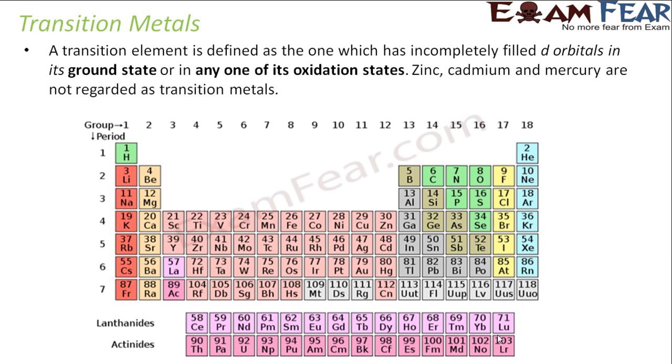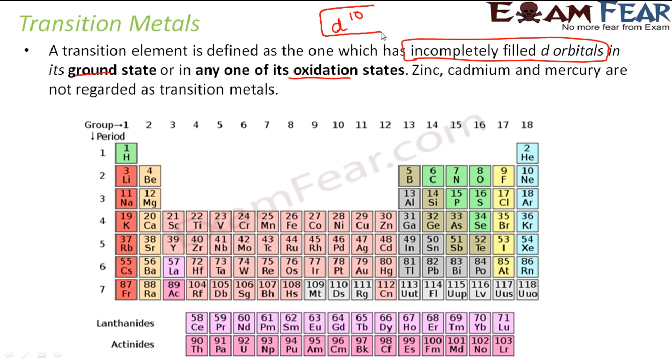So the definition says the transition metal is one which has incompletely filled d orbital. Please note, it has incompletely filled d orbital in the ground state or any of its oxidation state. So the d orbital, as we all know, can have at the max 10 electrons. So the number of electrons in d can range from 1 to 10.